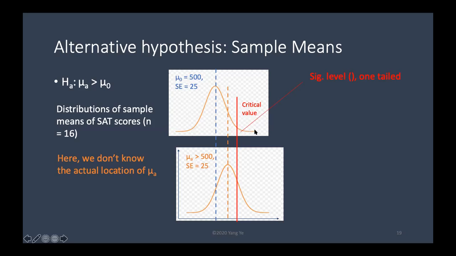That's the significance level and how it connects to the critical value. But now that critical value can also be extended further into our alternative hypothesis distribution. Okay, so now you can see that the area that it cuts to the right is much bigger than 0.05 because we know that the alternative population is to the right of the null hypothesis population, right?